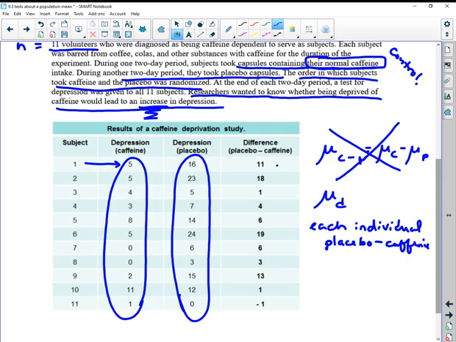So let's go to a calculator. And here's my calculator. I put the caffeine levels and the placebo levels in there, and I'm going to now just show you really quickly up here on the L3. I'm just going to say, let's take my L1 or L2, because we said we're going to do placebo minus, just in case you had to do this yourself.